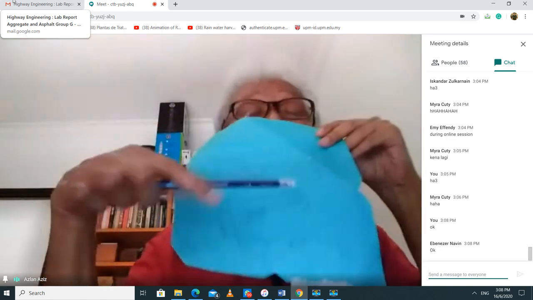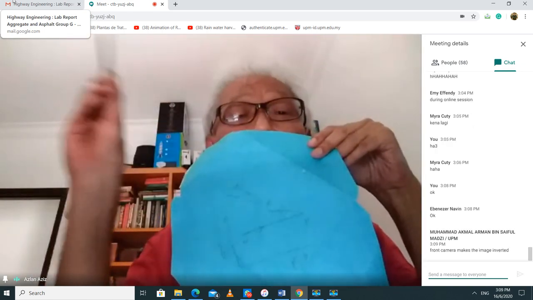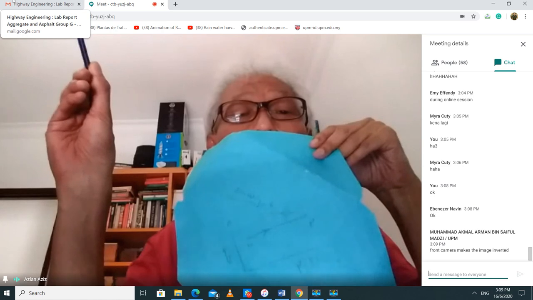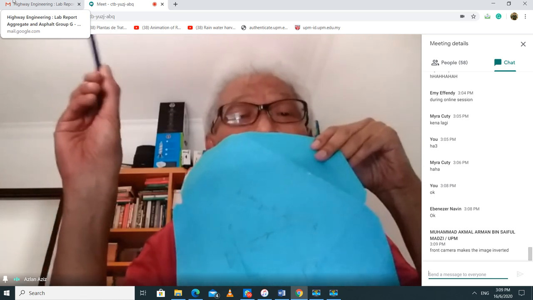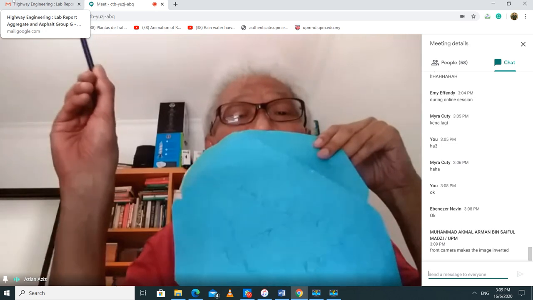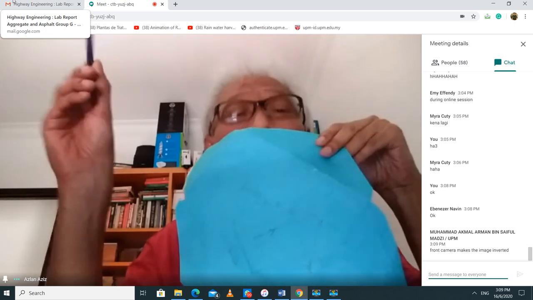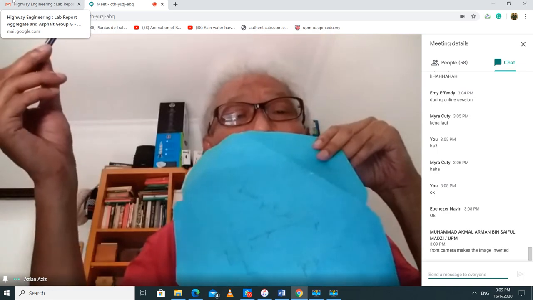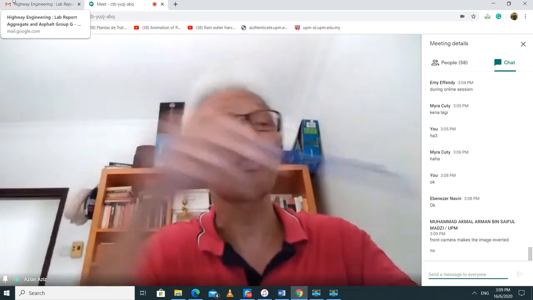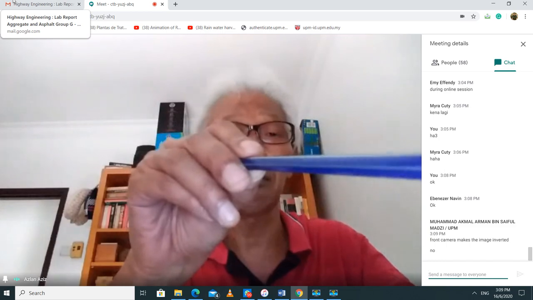Okay, if I hold this picture in front of a mirror, the front camera makes the image inverted. Akmal, Arman says that. The front camera makes the image inverted, all right? But do you see this inverted as well or no? If I were to look at it, it's not what I see in this picture, right?